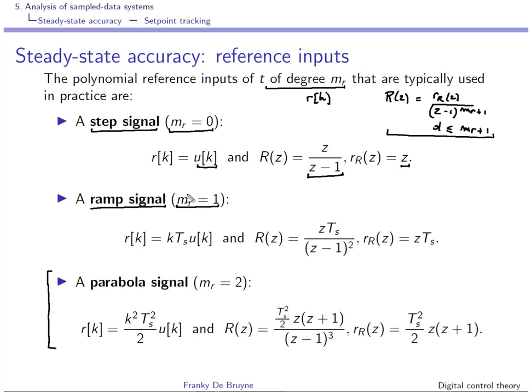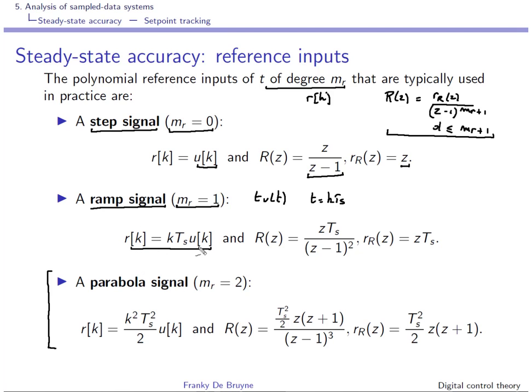Let us take m_R equal to 1, so a polynomial in t of degree m_R. In continuous time we have t u(t), and we have to replace t by k T_s. So we have a ramp signal over here.